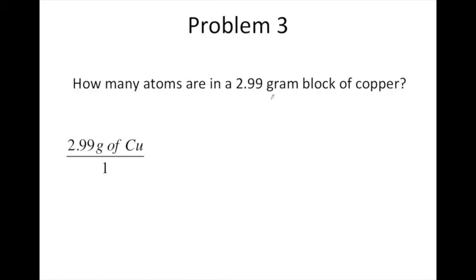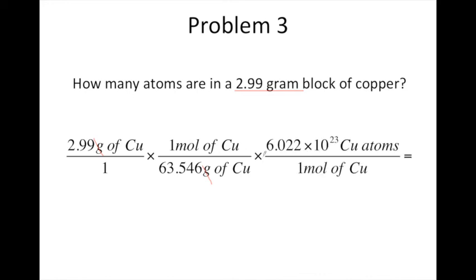Now, let's set it up. 2.99 grams of copper. We're going to start with that. We're going to first use our molar mass with grams on the bottom, so the grams cancel, is equal to 1 mole. Now, the second step, we need to use Avogadro's number. 1 mole of copper contains 6.022 times 10 to the 23rd atoms.